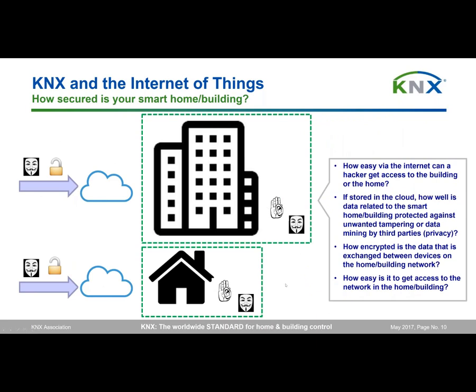How can you also make sure that if you have an intelligent or smart building or a smart home, inside the building or inside the home there is not a possibility that an intruder, a hacker, gets easy access to the data that is exchanged between the products of the different applications and different manufacturers?